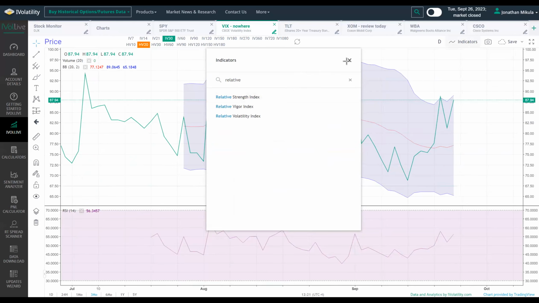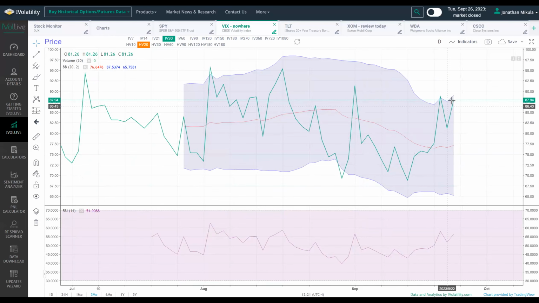You can see on a 3-month scale we're coming up towards that upper Bollinger Band for implied volatility. What this means for the VIX is that once the VIX breaks above these upper Bollinger Bands, the VIX will retrace. Well, when the VIX retraces, the market goes up, right? So this is almost like a double affirmation.